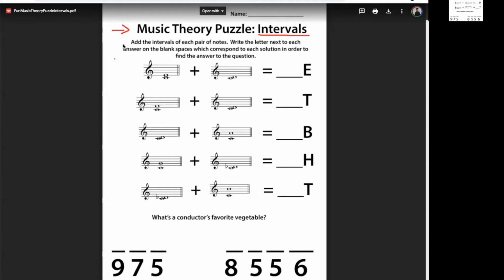Write the letter next to each answer on the blank spaces which correspond to each solution in order to find the answer to the question. Now, it can be a little complicated, which is why I'm going to do this video to help all the students out there. So let's look at this question here, question number 1 I will call.